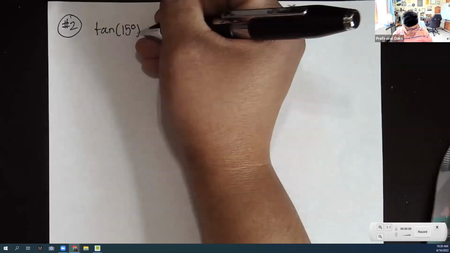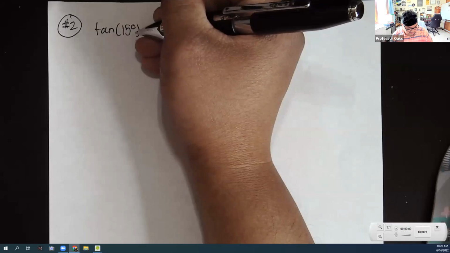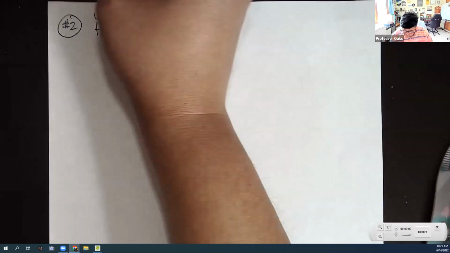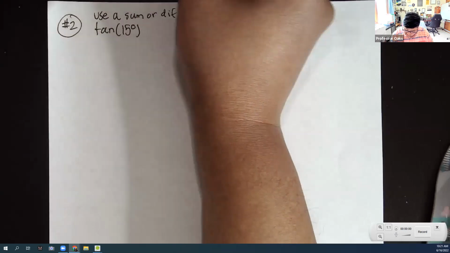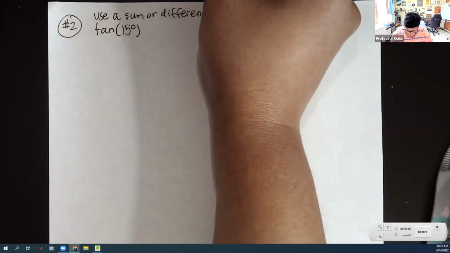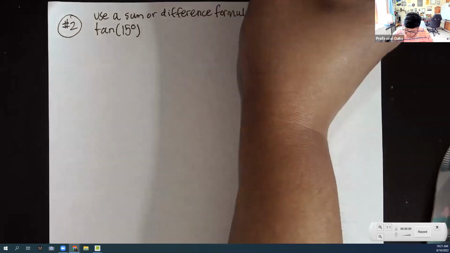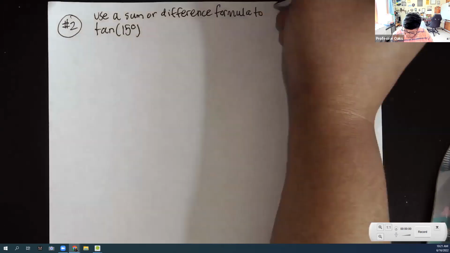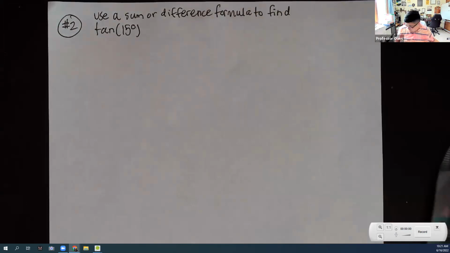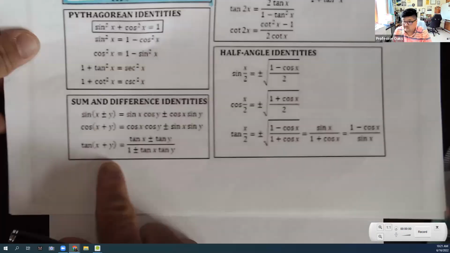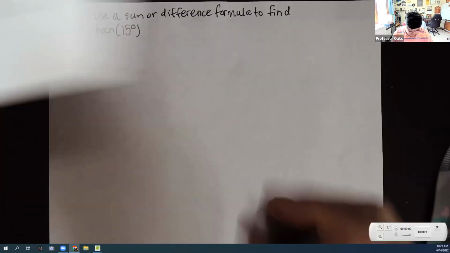So if it says use a sum or difference formula to find the tangent of 15 degrees, then there are a couple of formulas for the tangent that are here. So they're these ones. So I'll write them down.